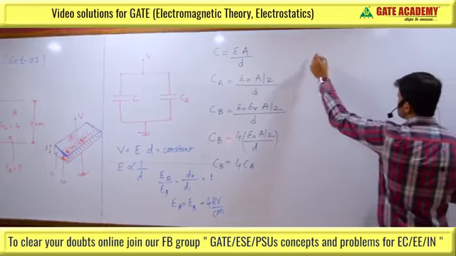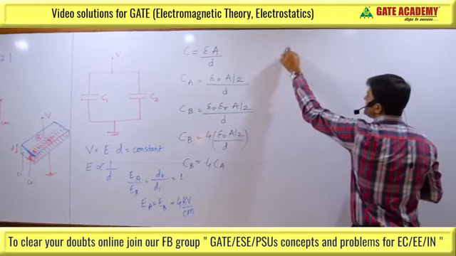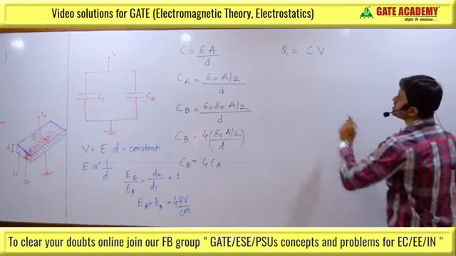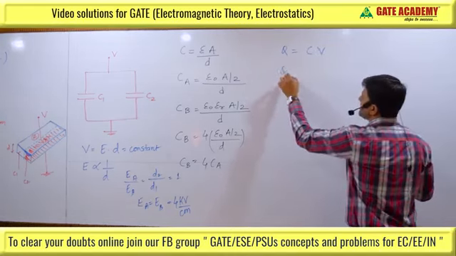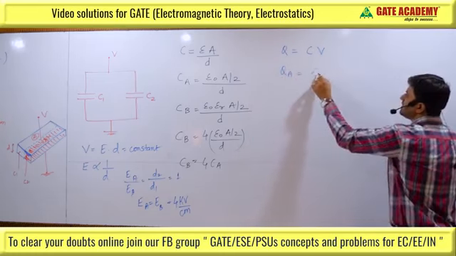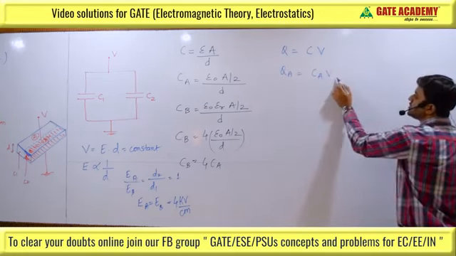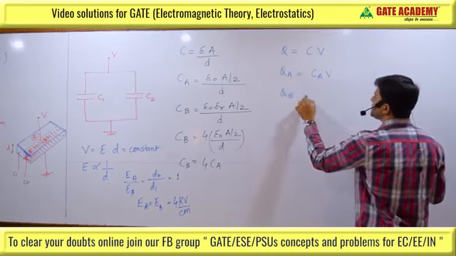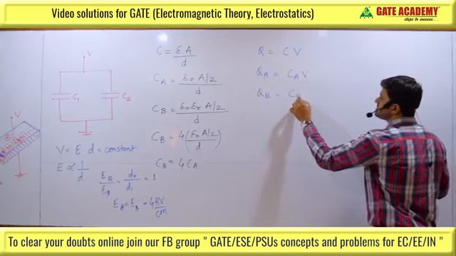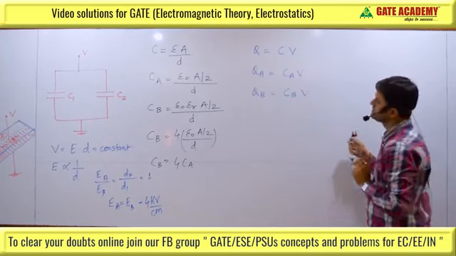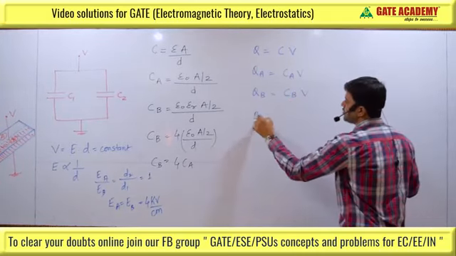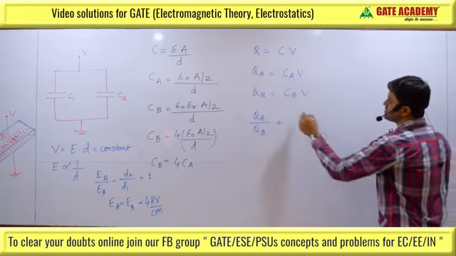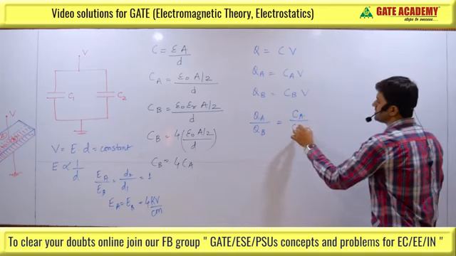Now we also know that the charge is Q equal to CV. So the charge stored in the first region, QA, is CA into V, potential is the same. QB equal to CB into V, and QA divided by QB equal to CA upon CB.